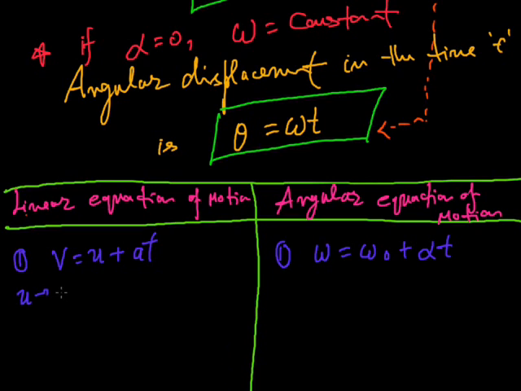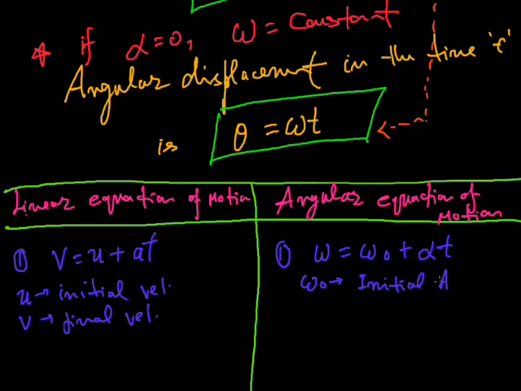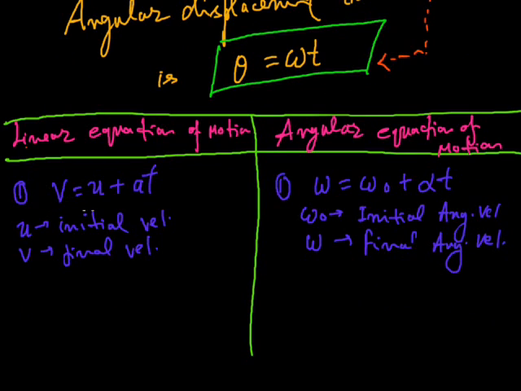Here u is initial velocity and v is final velocity, same as omega 0 initial angular velocity and omega final angular velocity. a is acceleration, here alpha is acceleration.